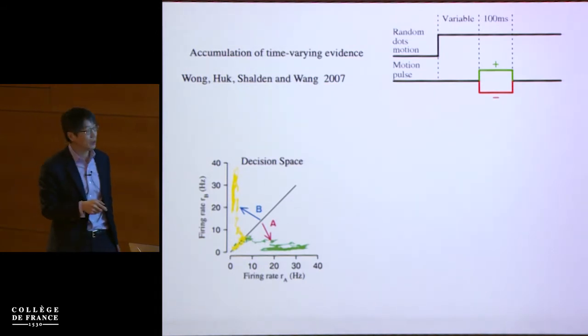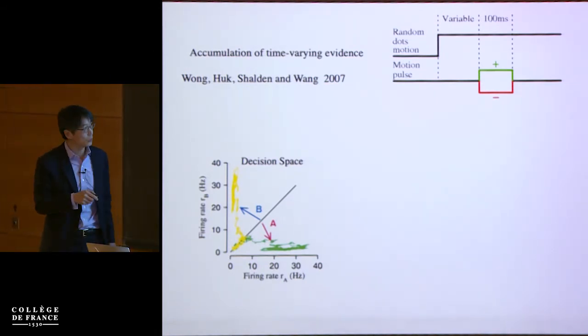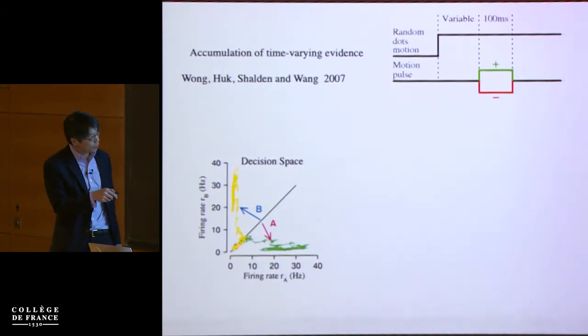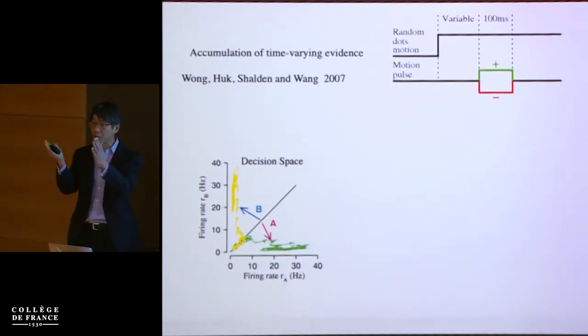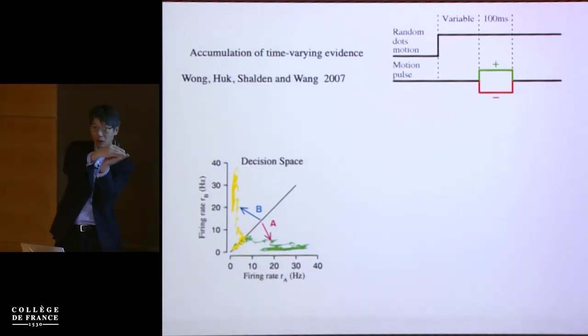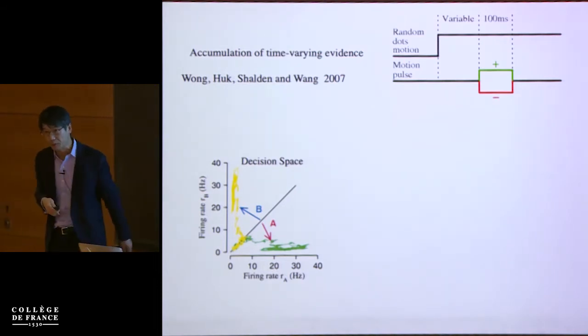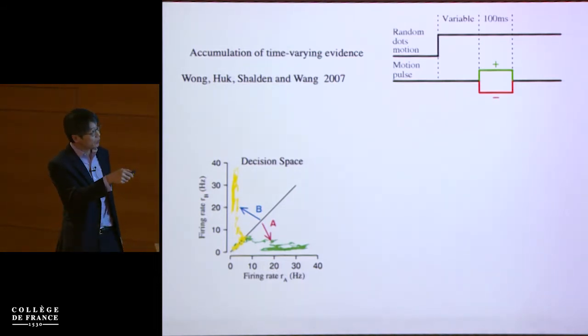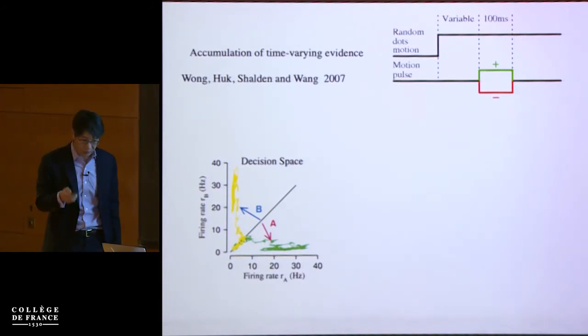On the other hand, if you present the same pulse at the very beginning, that means that your internal state is around here. You're near the diagonal line, then a small perturbation would bias you this way or that way, so that should have a bigger impact. So this prediction of the reverberation mechanism would be that, in fact, it's the opposite.